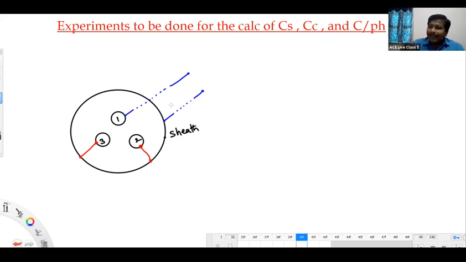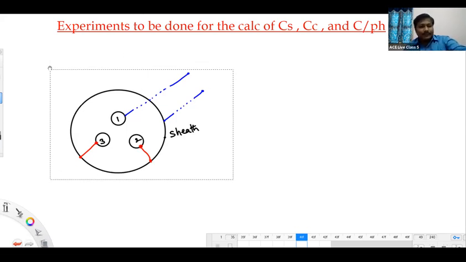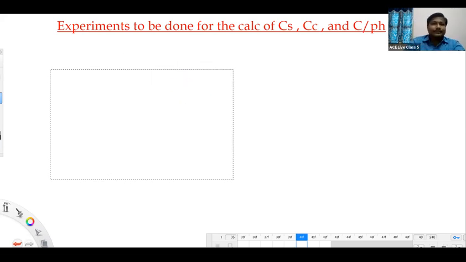The equation you get in terms of CS and CC must equal the number we got from the lab. All of you getting it? I will explain again and again. Just go through it. I will keep this in the next slide.